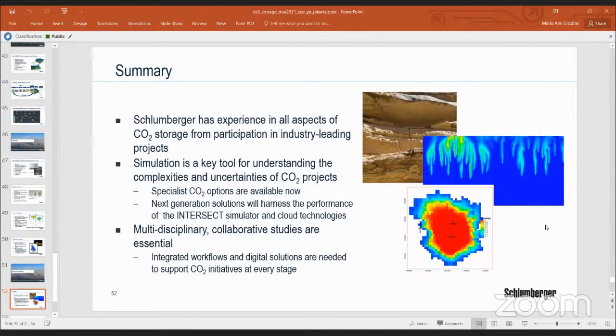So we need to make sure that we're not going to corrode the wells. So we may need to replace existing wells if we're going into a depleted oil or gas reservoir. So our flow assurance team and our completions team are starting to work together to make recommendations on the well design.